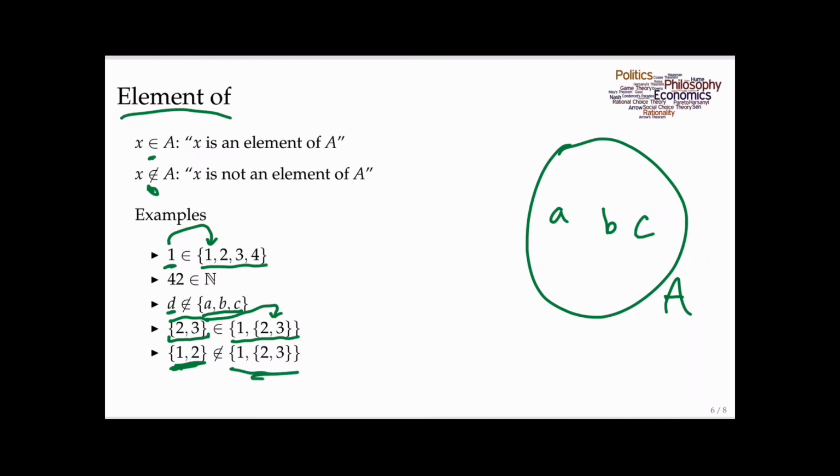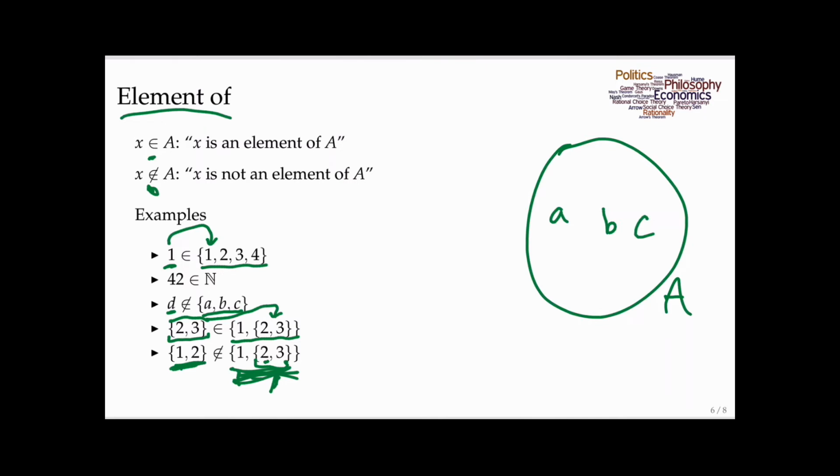Even though you see 1 showing up there and 2 showing up in the description, 2 is actually in this other set, which is contained in the bigger set. So the set consisting of 1, 2 is not an element of the set. Why? This set consists of 1 and another set, which is 2, 3. And the set containing 1, 2 is not an element of this set right here. Okay, so here we have element of.